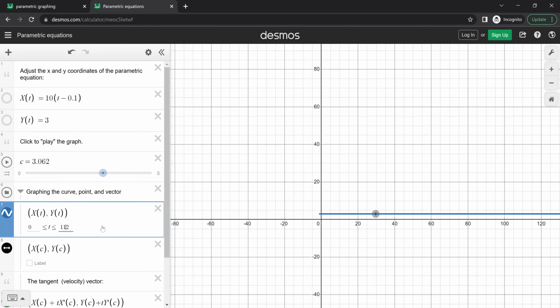So that's way too big. 10 seconds gets you to about 100-ish. Go to 11. And then I guess we have to graph another one of these.